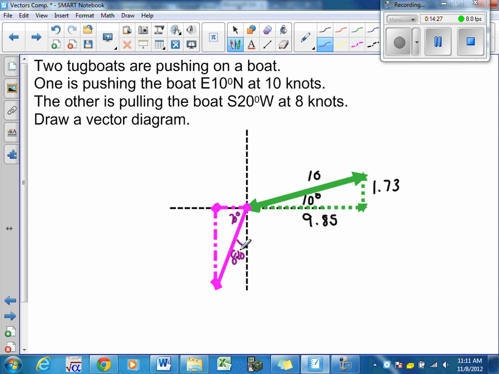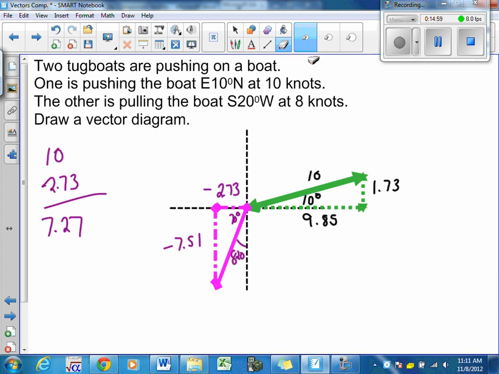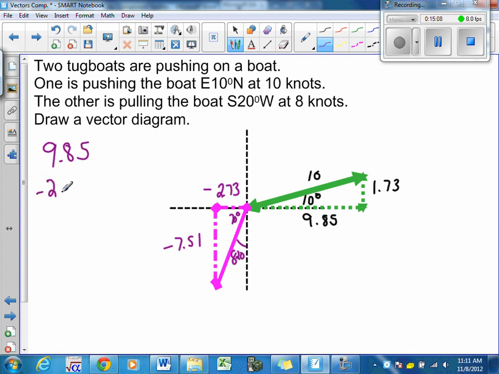So I use SOHCAHTOA again, and I get this to be 2.73 and 7.51. Now, both of those are negative. So now my x's, I have 9.85 and negative 2.73.